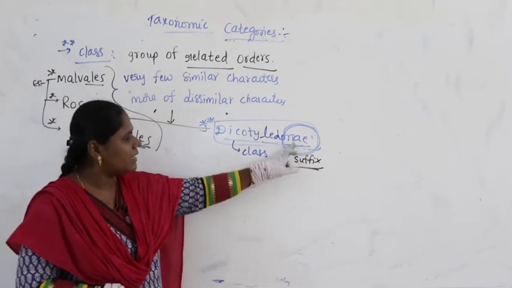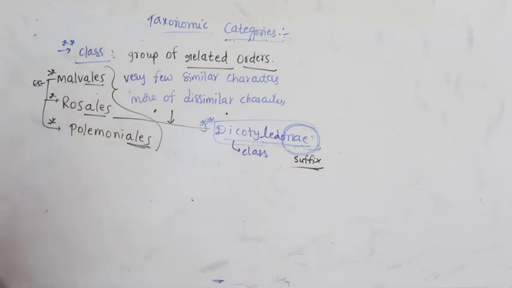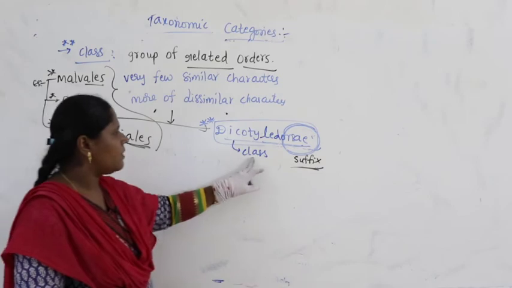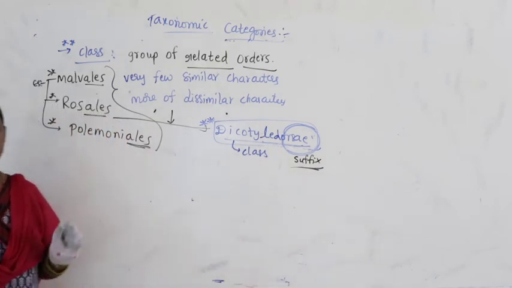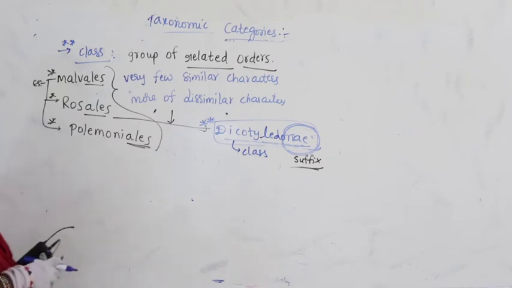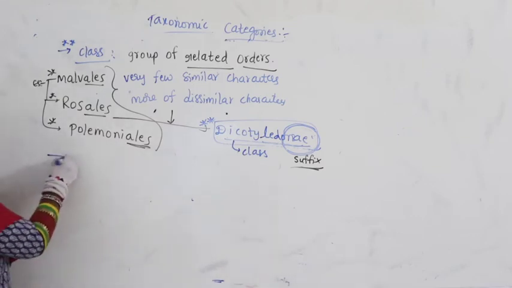NAE is the end suffix for class. Even though Malvales is a different order, Rosales is completely a different order, and Polemoniales is another different order, all of them belong to the same class, Dicotyledonae, based upon very few similar characters. Now let us continue with the division.